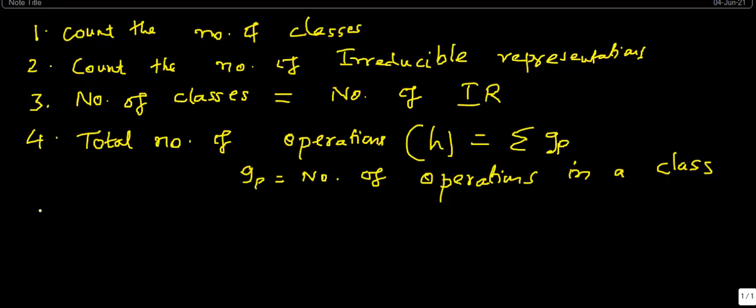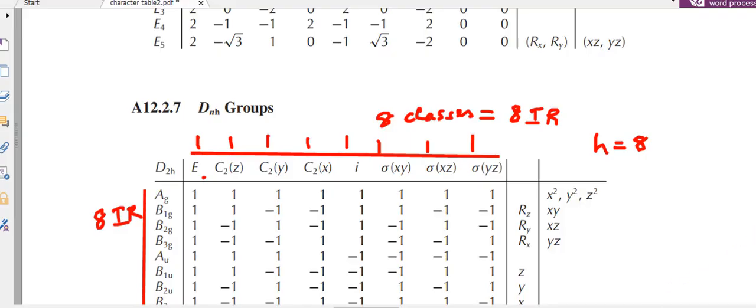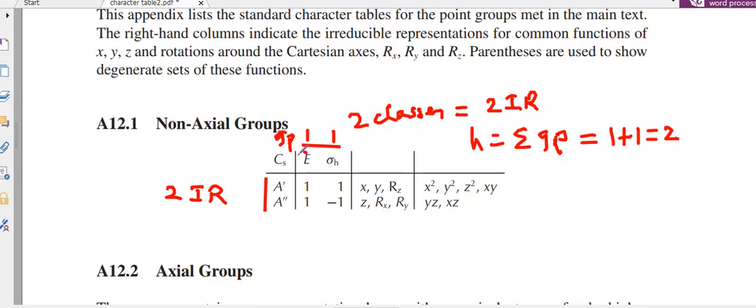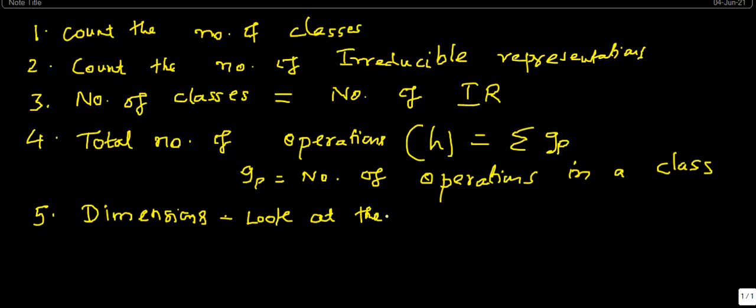Now we go to the next aspect of the character table, that is the dimensions. For looking at the dimensions, what should we do? We should look at the numbers under the E class. This is the E class. Under the E class, look at the numbers.